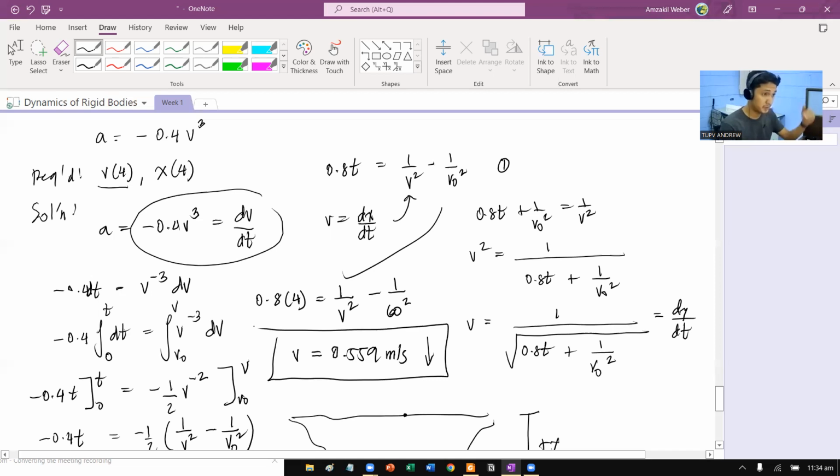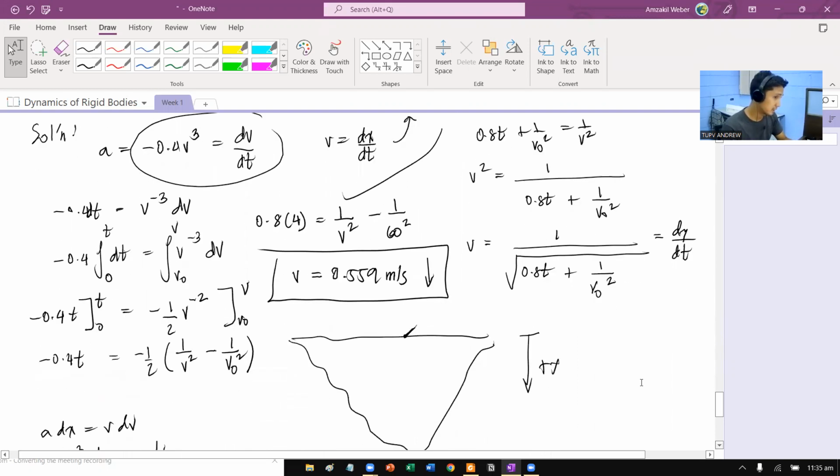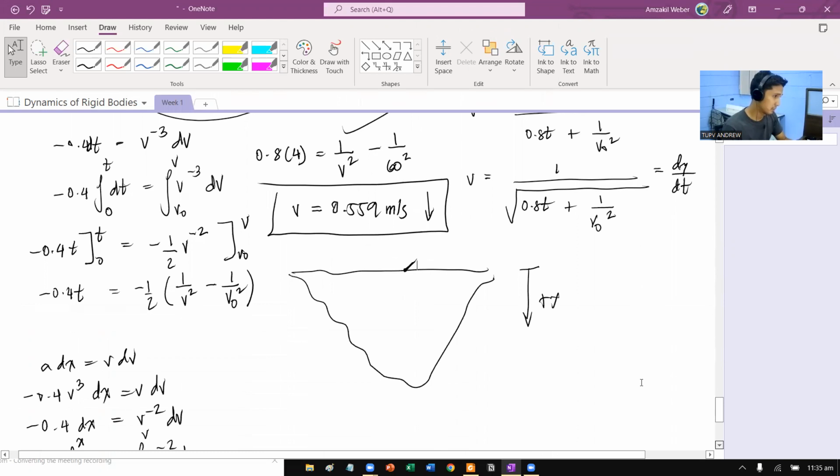It decelerated from 60 when it entered the fluid. Four seconds later, it reduced to 0.559 meters per second, almost 0. We can use this velocity, derived from the two equations, because it is the velocity at time 4 seconds, to find the position at 4 seconds. So we can use 0.559.